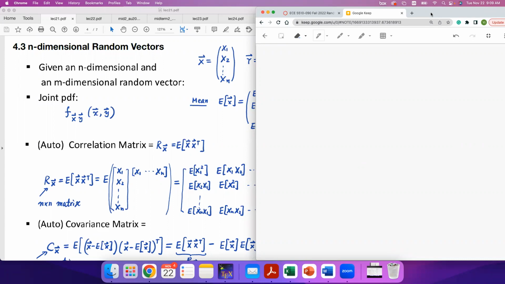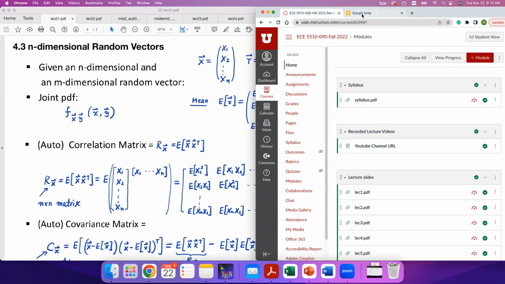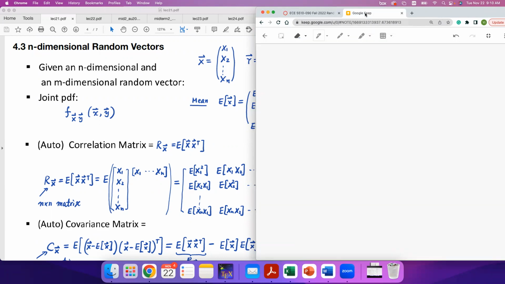For midterm 2, I have posted the solution to Canvas. If you have any questions, feel free to discuss with me in the office hour.